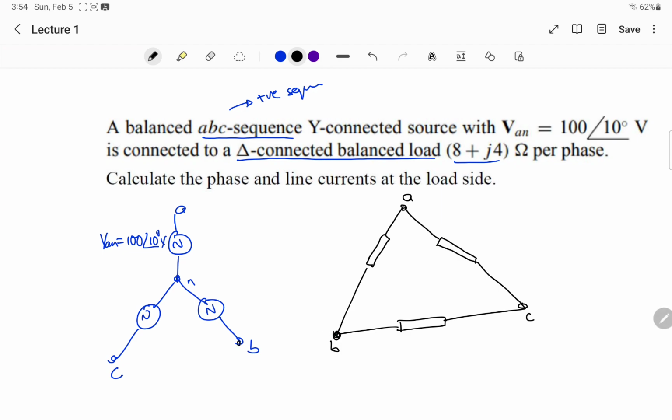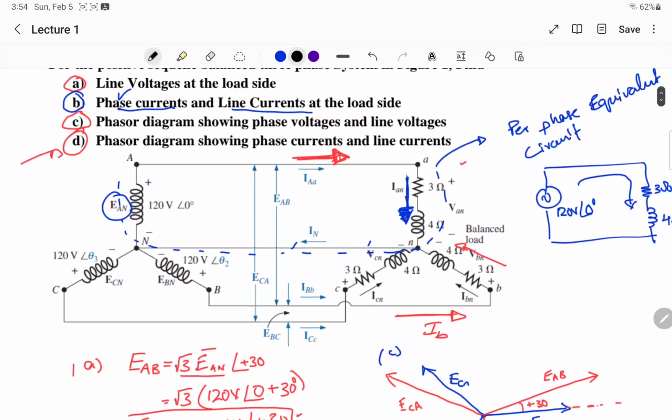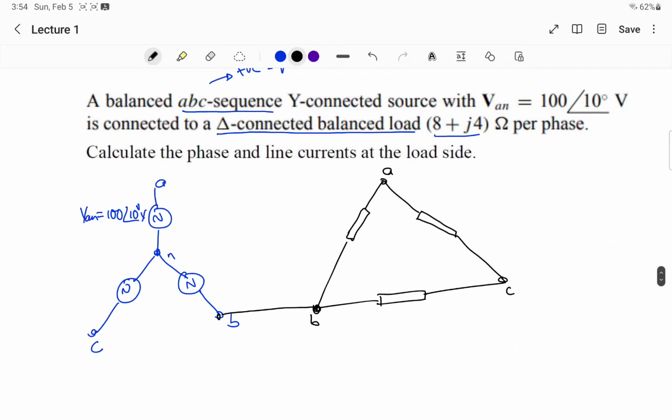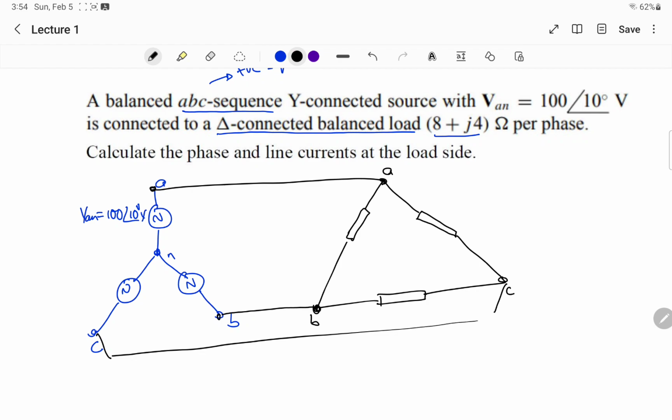This B I have drawn here for simplification, because it is easy to join B with B. So I am making it simple for you. This is a positive sequence, and the source is important in determining the positive sequence. So from A to A, and from B to B.